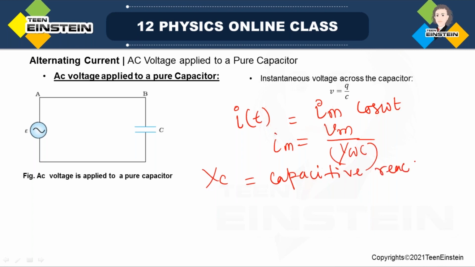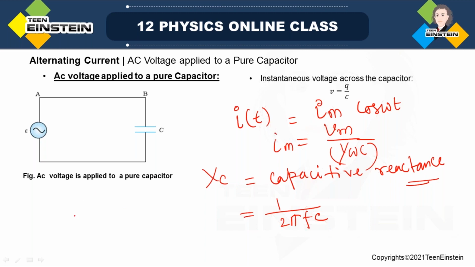We have learnt already what is called inductive reactance, and this capacitive reactance is actually 1 by 2 pi f into C, so inversely proportional to frequency. If we increase the frequency, the resistance decreases in the capacitive circuit, purely capacitive circuit.